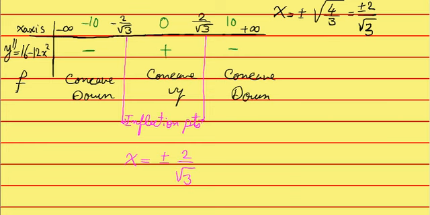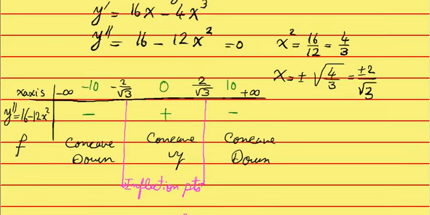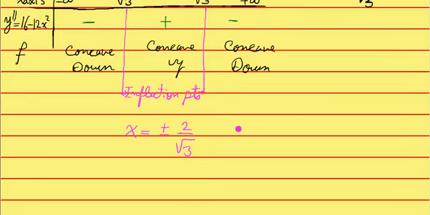Where did they come from? I need to go back and plug it in my equation. I definitely would have needed x squared. So you remember for both of these, x squared was 4/3. So y at the inflection point would be once again 8x squared minus x to the power of 4. That gives us 8 times 4/3 minus 4/3 squared.